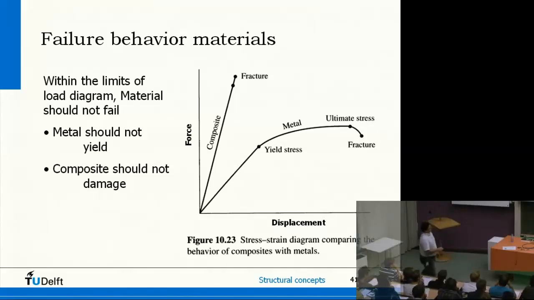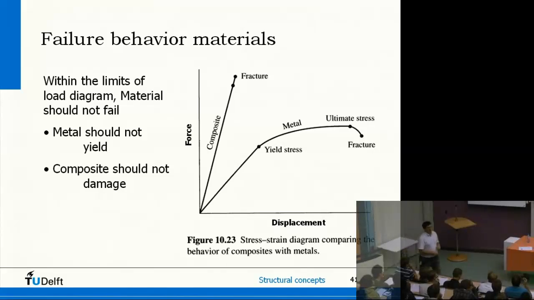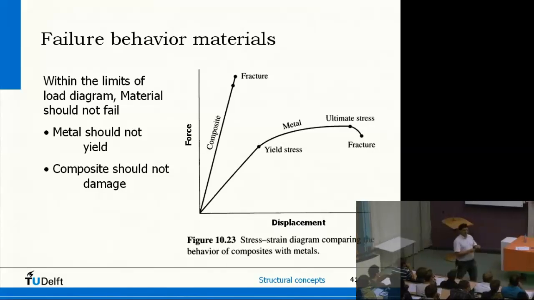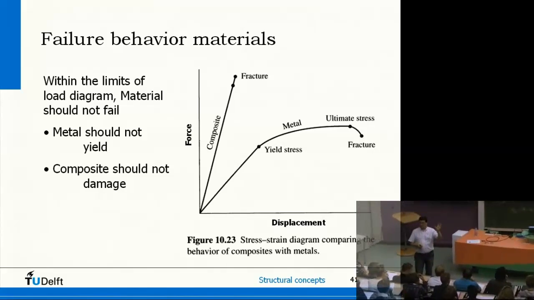Yeah? Composites is completely different. Composites don't have any significant plastic deformation. So you have elastic deformation more or less until failure. And that can be rather tricky. So you have, in many cases for composites, higher safety values than for metals, because it's more uncertain what you're doing there.